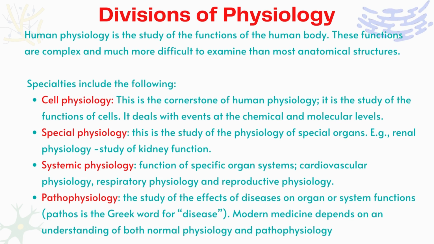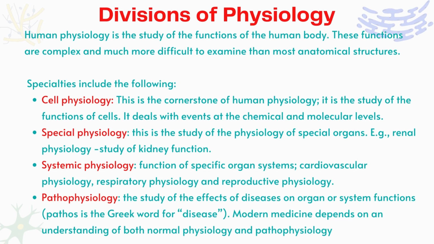We have cell physiology, which we all understand is the cornerstone of human physiology. By studying the cells and their functions, you primarily get to understand the functioning of the human body. Cell physiology is the study of the functions of the cells, and it deals with events at the chemical and molecular levels.